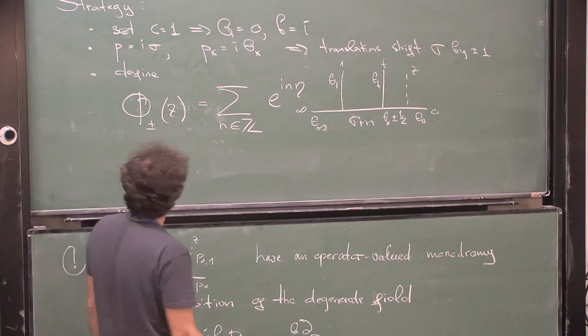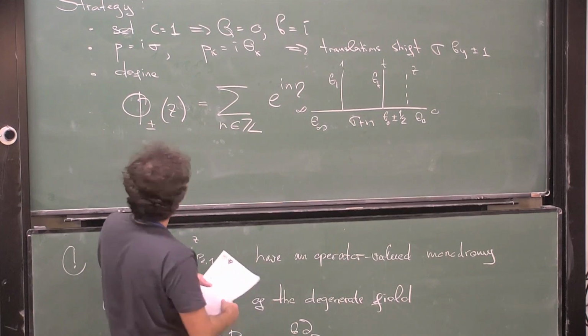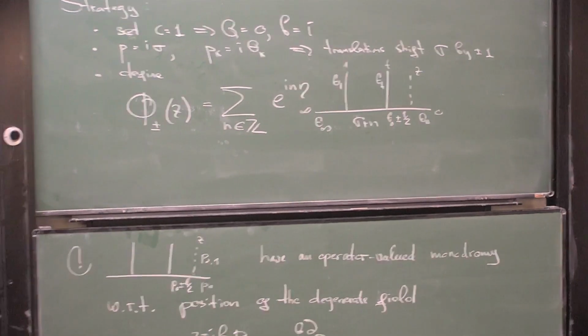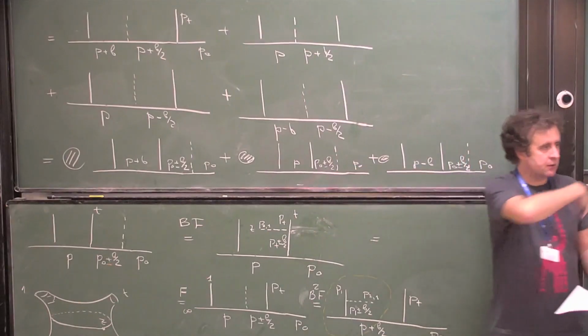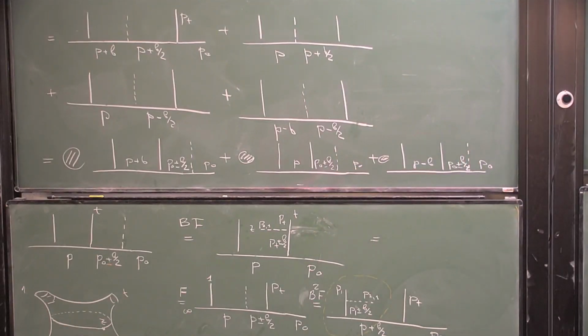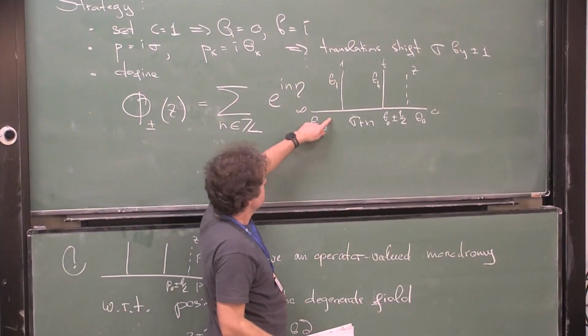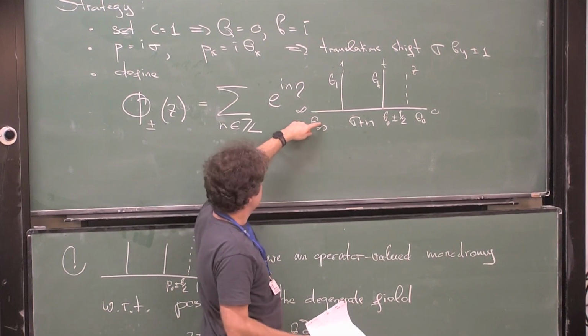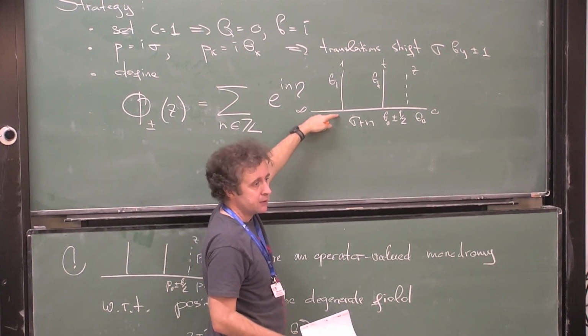Right. And so now, given our knowledge of the analytic properties, so the monodromy properties of conformal blocks for arbitrary c, we can now understand easily what will happen to this object if you do this analytic continuation.